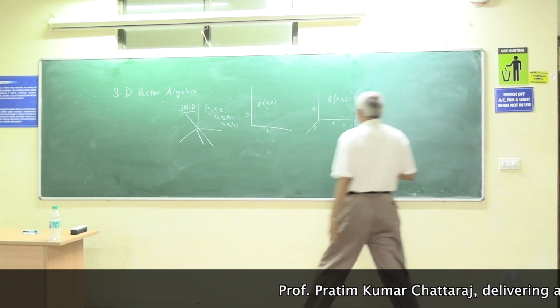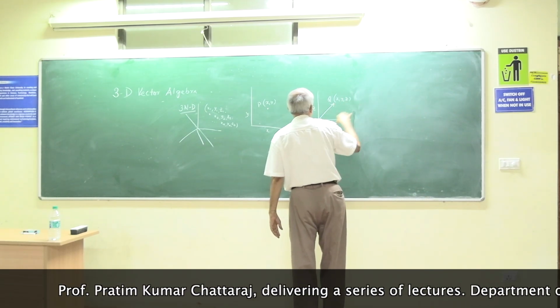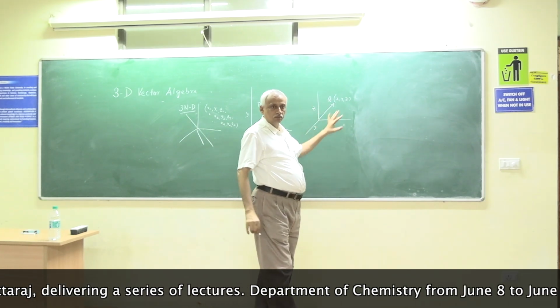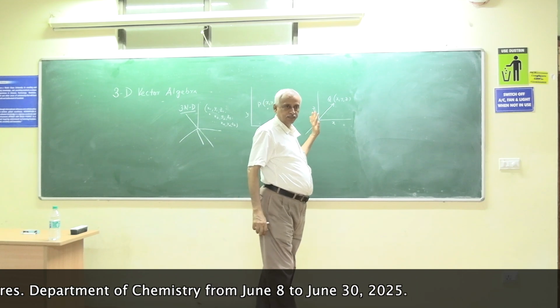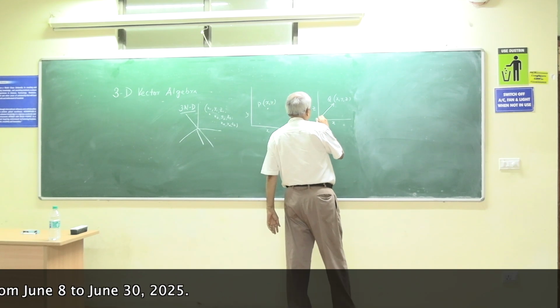So suppose you have a vector. I am taking a 3-dimensional Euclidean space because that is the most general and simplest way of understanding it. Suppose this vector is the OQ vector.